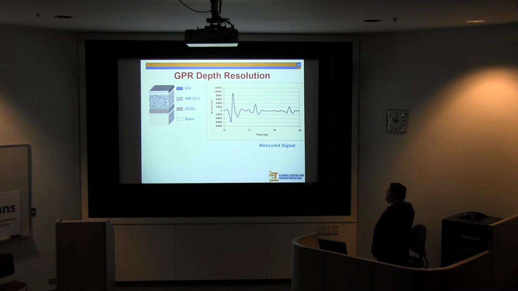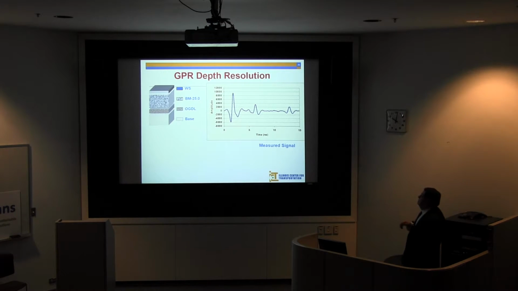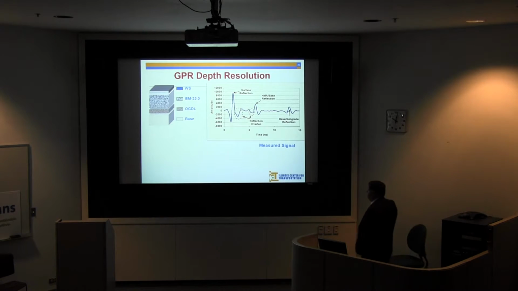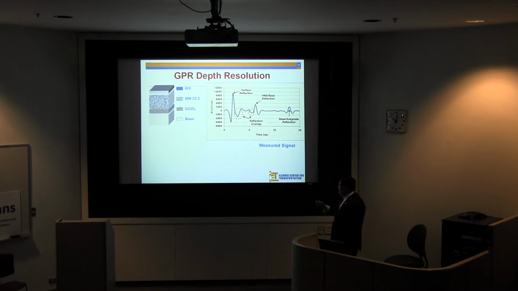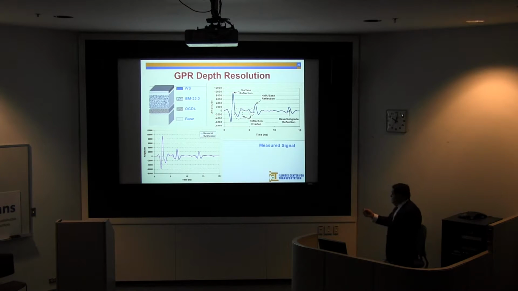Another thing here is the GPR resolution. Like this here, a pavement section where you have different layers. If you look at the signal here, I can see this, but I don't know what's happening here. So one way to go about this is to create this signal again. I synthesize it, and this is the measurement, using least squares until they are on top of each other.